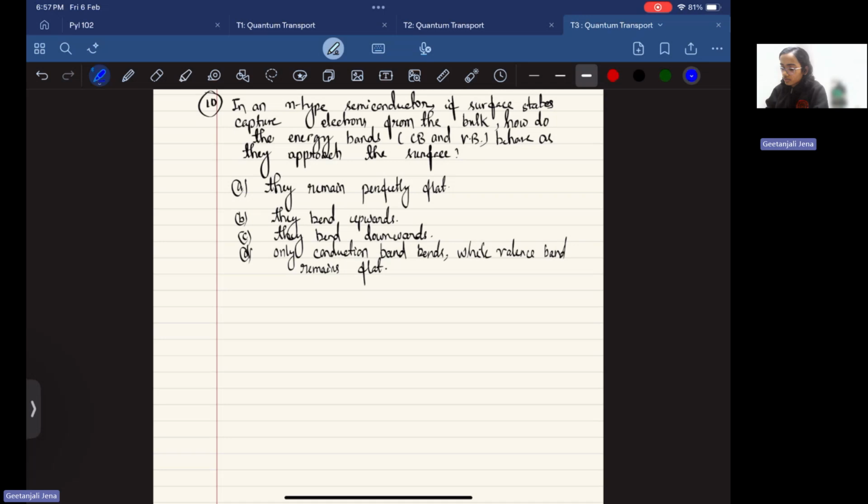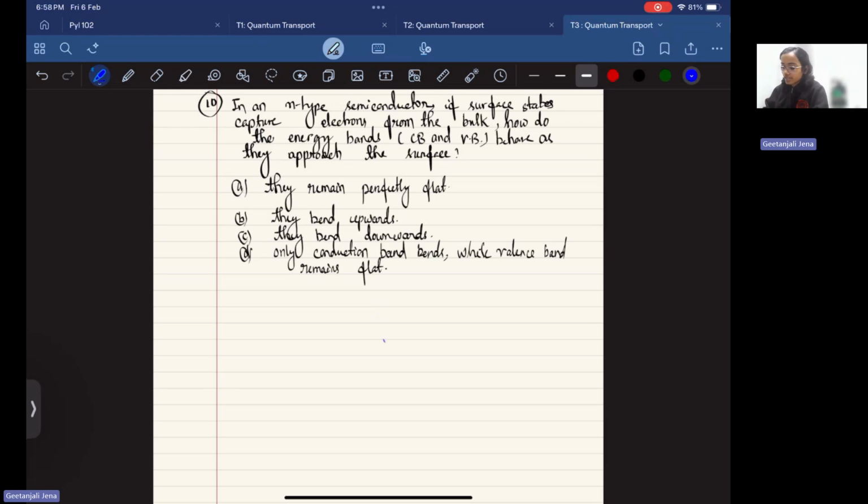If you recall the concept, whenever we have an N-type semiconductor, there will be diffusion of electrons from one side of the semiconductor to the metal or the surface that we have on the sample.